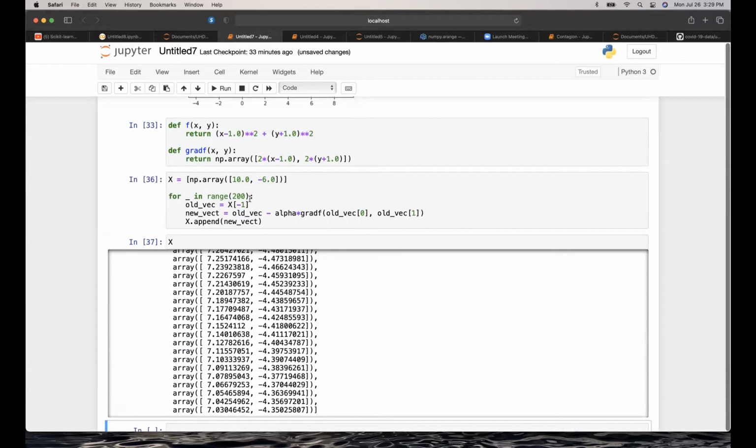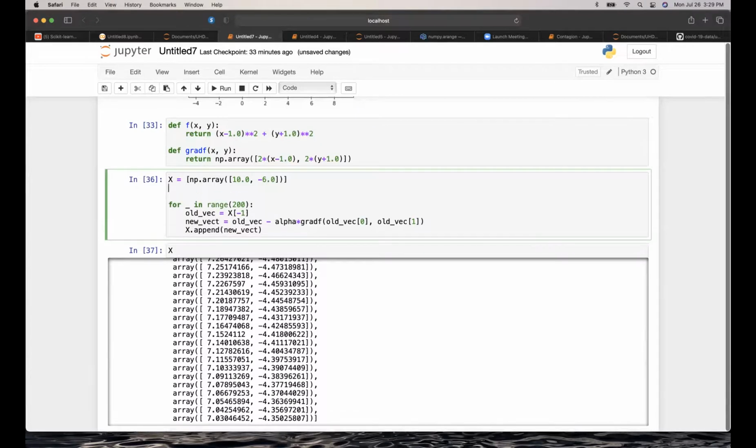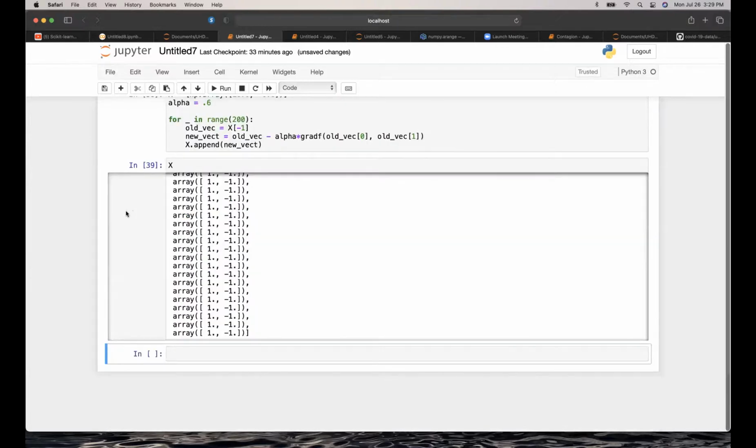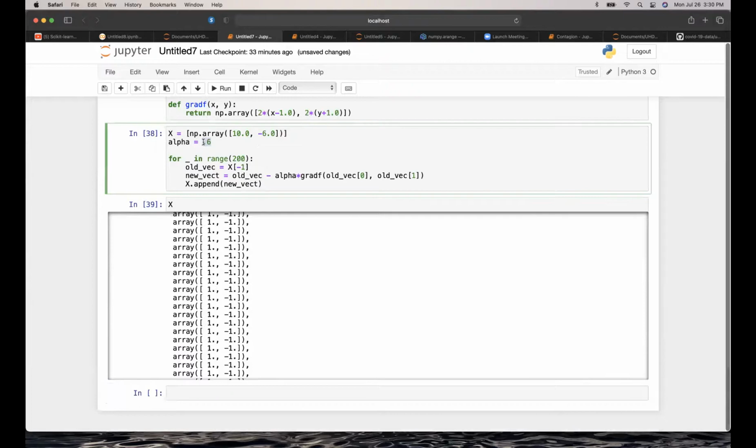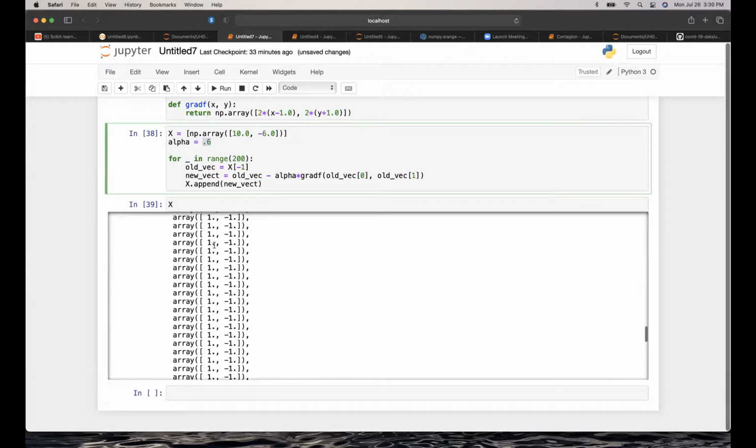So what do you think I should do? I should probably increase my step size. It's moving very slow. So I'm going to make alpha equal to 0.6 maybe. Yeah. See what happens when I increase my step size? I got to the minimizer like immediately.